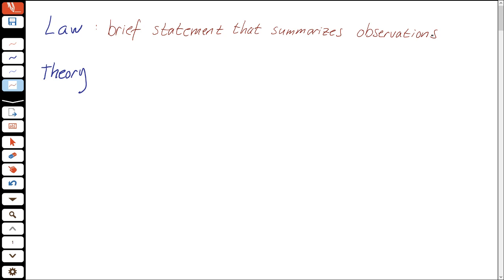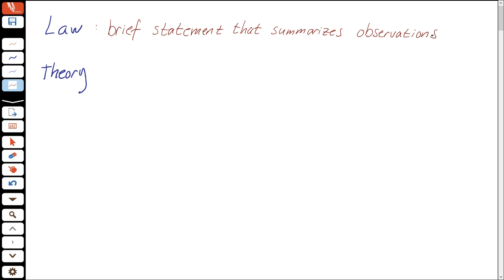So then, if that's a law, what's a theory? The theory is what's happening to cause these observations. So the law just summarizes these observations. It says, when this happens, this happens. When this happens, this happens. It doesn't tell us anything about why or what's causing that.